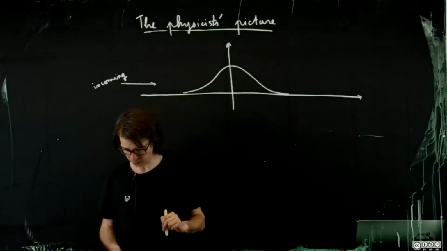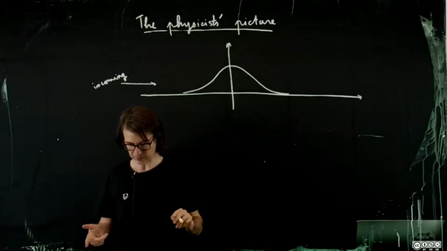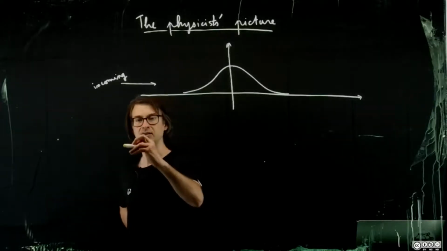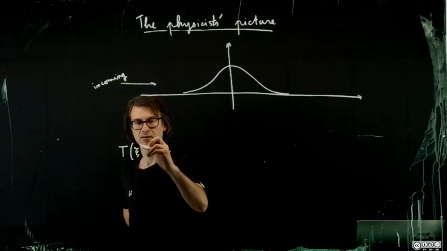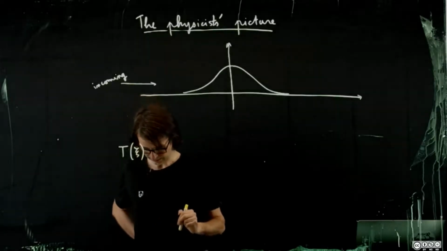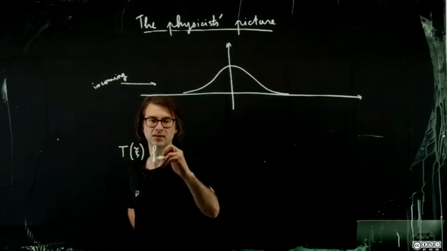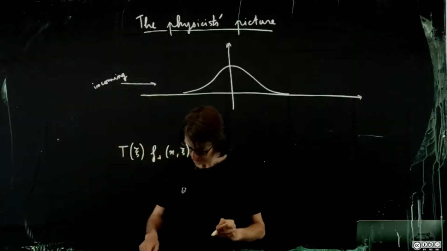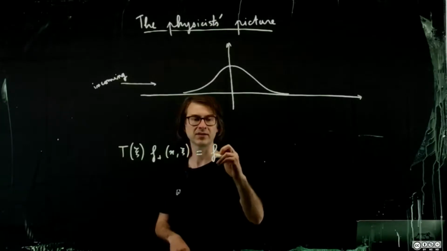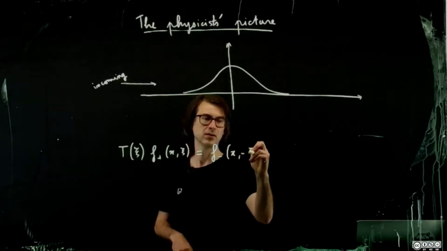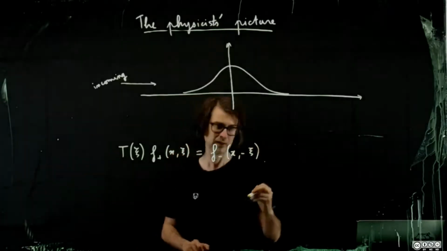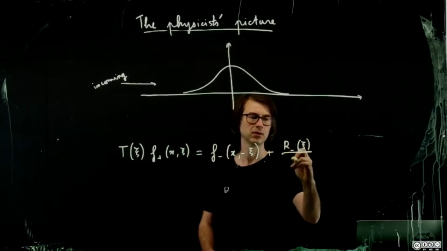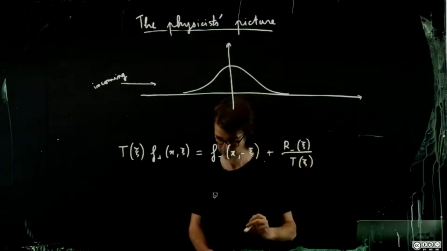So the formula that I just wrote, if you multiply out by T of xi, what you get is that T of xi times F plus of xi is F minus of x minus xi plus R minus of xi divided by T of xi.